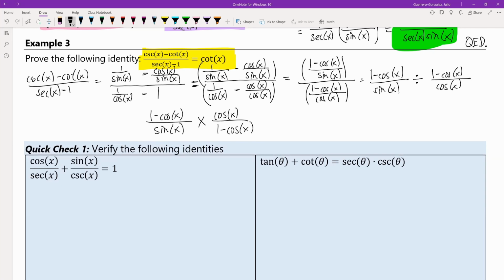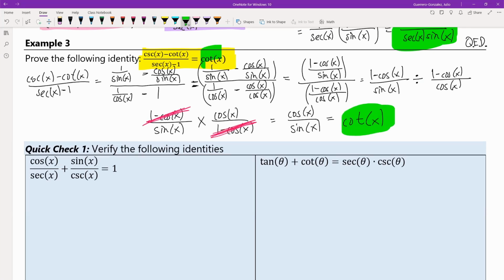Now look at what happens. We have a 1 minus cosine on top that's being multiplied by a 1 minus cosine on the bottom. They are going to cancel. I get left with cosine of x over sine of x. And if you remember, cosine divided by sine is cotangent of x.